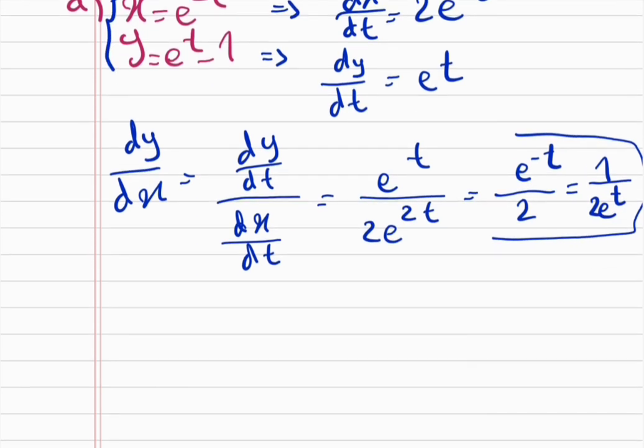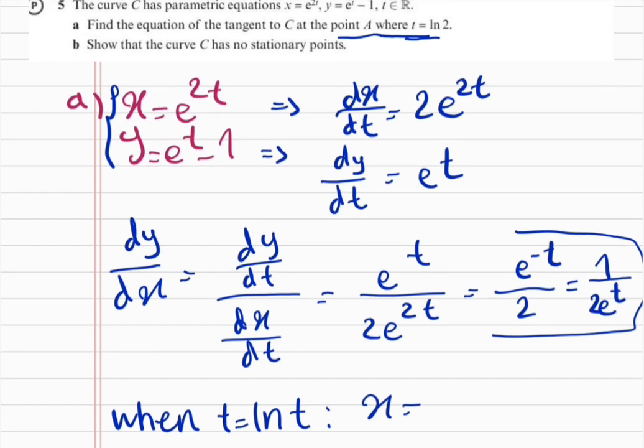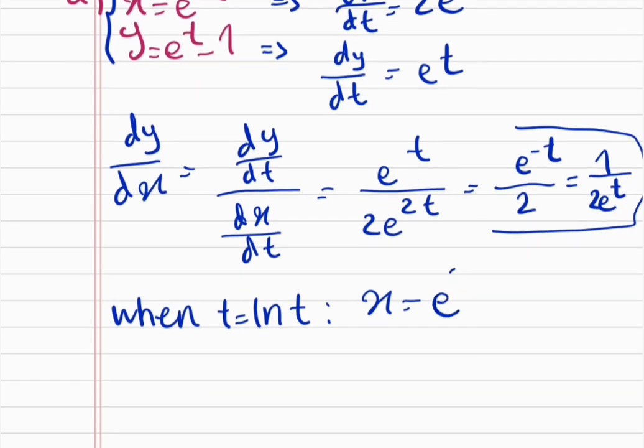When t is equal to ln 2, x is e to the 2t, so t in this case is ln 2, so 2 ln 2.